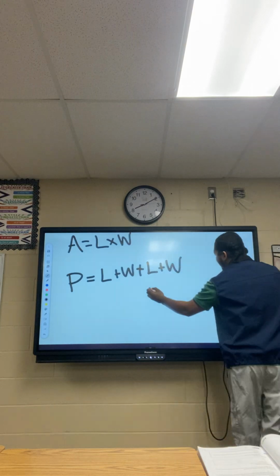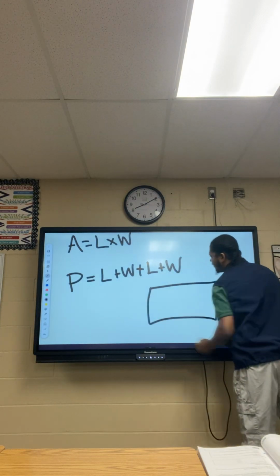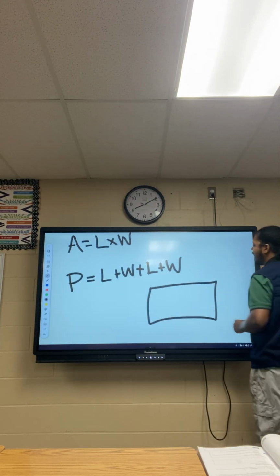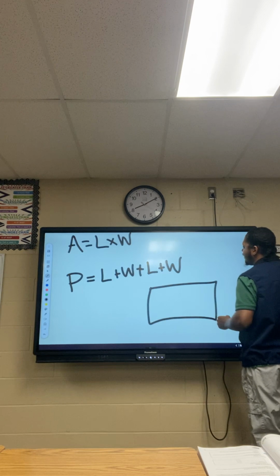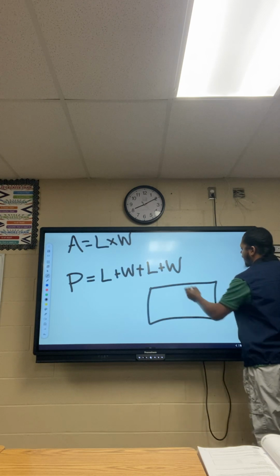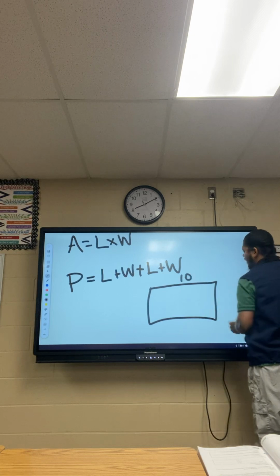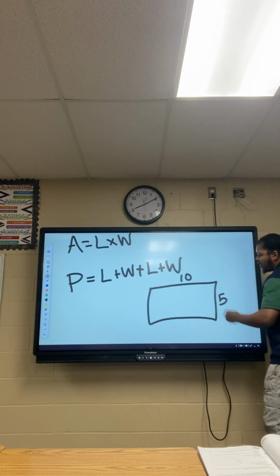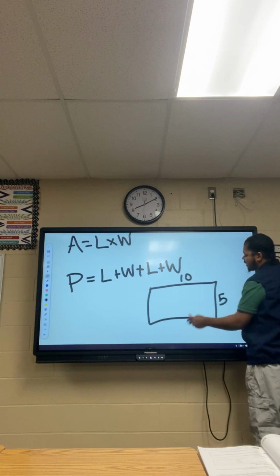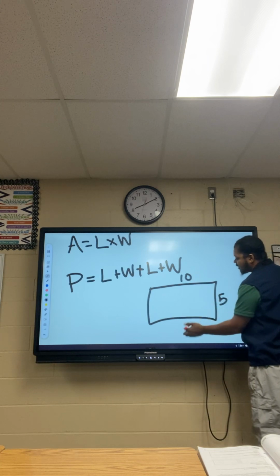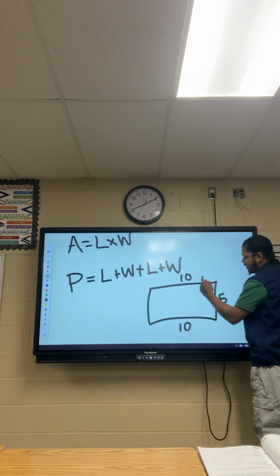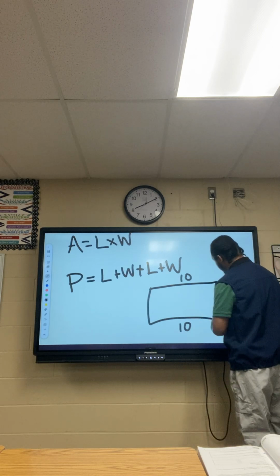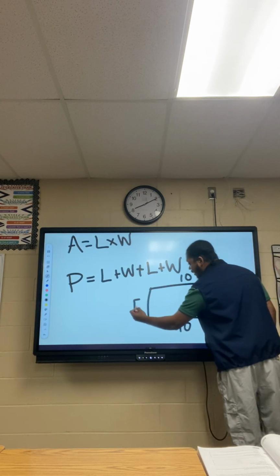So if you have a rectangle and you want to find the perimeter, and I give you these measurements, 10 and 5, okay? So we know in a rectangle, all 4 sides are not the same, but 2 sides are the same. So this side must be 10. We work with a lot of this on Zern when we're finding missing numbers. So this side must also be 5.